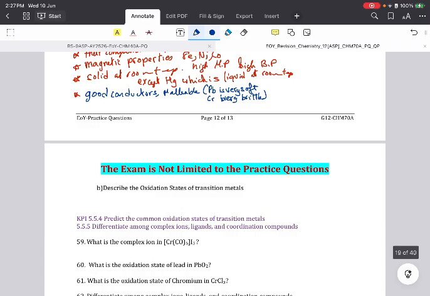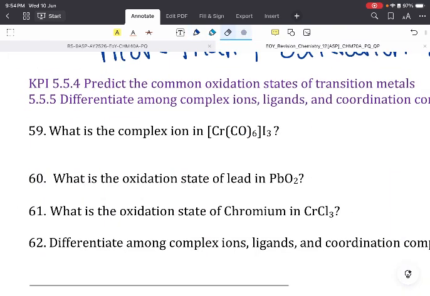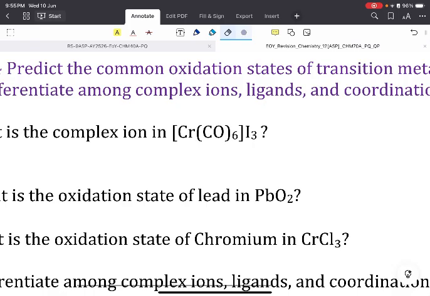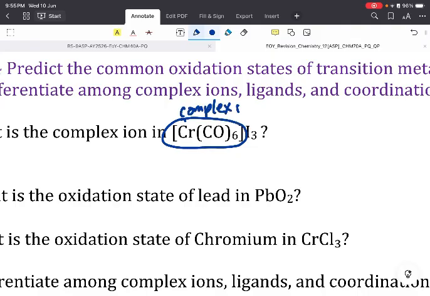Now describe the oxidation states of transition metals. They can have more than one oxidation state. Consider the complex ion in Cr(CO)6 I3. When it comes to coordinate compounds and complex ions, anything in the brackets is the complex ion.